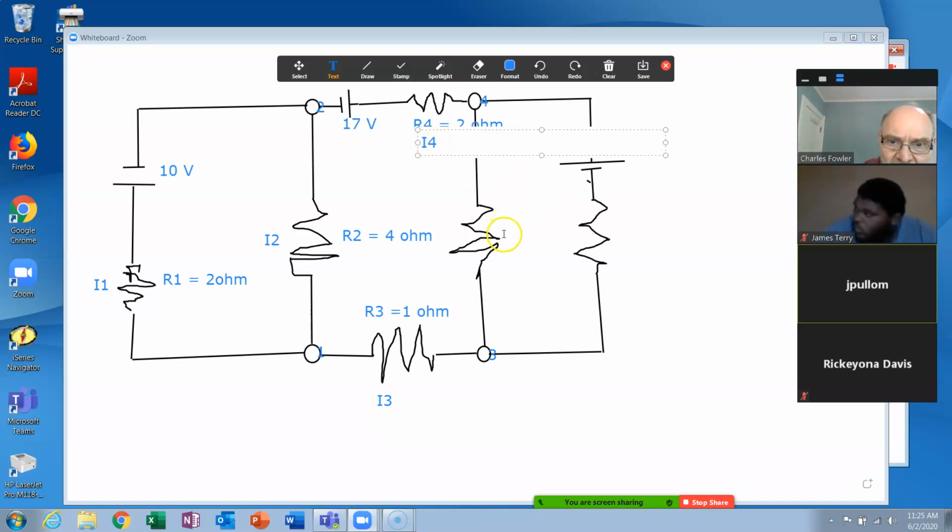This is R5 here. It is equal to 2 ohms. Okay. Whoops, that's into that one. Ooh, this is a terrible looking power supply. That's 14 volts. And this is R6 over here, is 4 ohms.